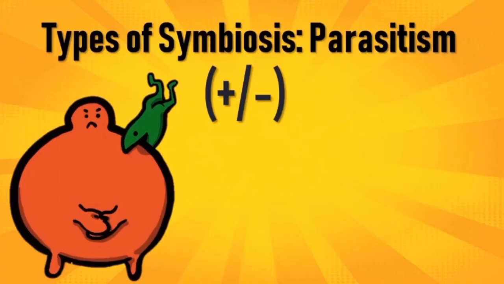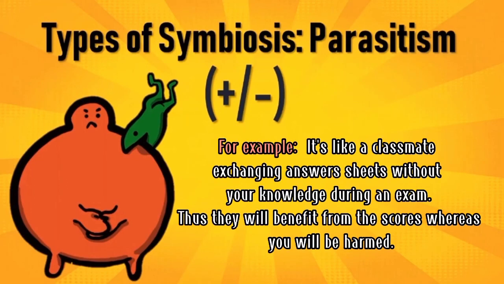And this can be written as positive over negative. For example, it's like a classmate exchanging answer sheets without your knowledge during an exam. Thus, they will benefit from the scores, whereas you will be harmed.